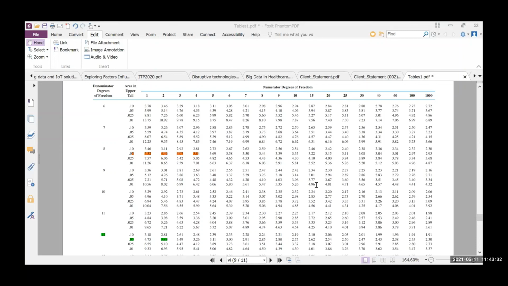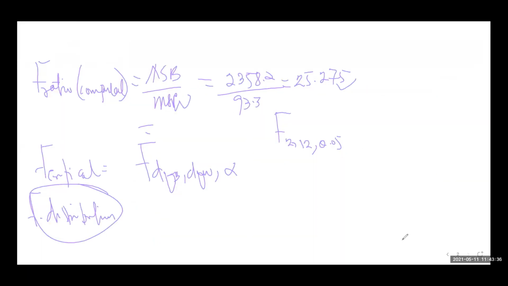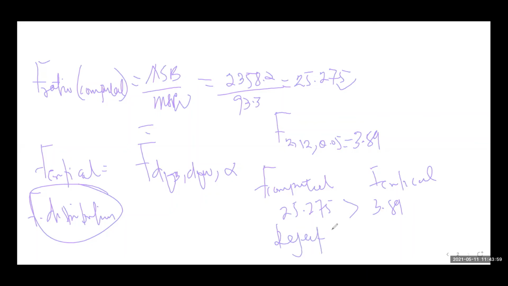So let's go back here. This is equal to 3.89. If that is so, F computed, 25.275, is greater than F critical, which is 3.89. Then with the same decision rule, we have to reject the null hypothesis.